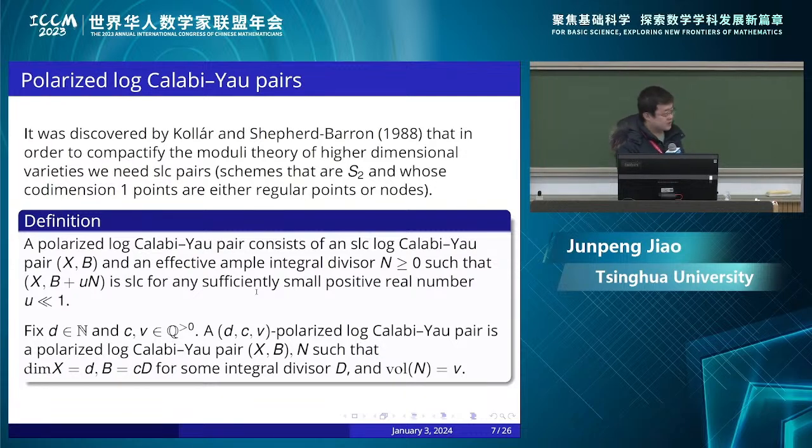In order to make the moduli space bounded, we have to add some more conditions to the polarized log Calabi-Yau pair. Fix d, a natural number, and c, v two positive rational numbers. A (d, c, v) polarized log Calabi-Yau pair is a polarized log Calabi-Yau pair (X, B) such that the dimension is d, B equals cD for some integral divisor D, and the volume of N is v.